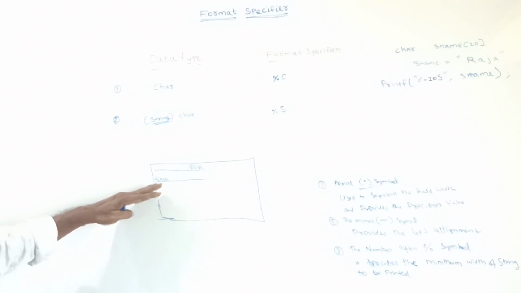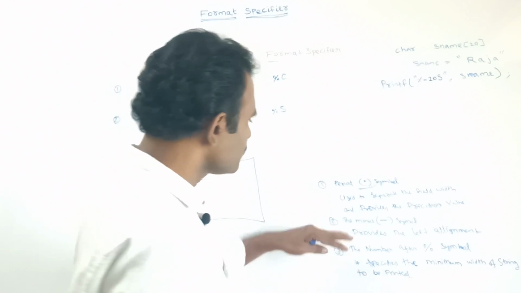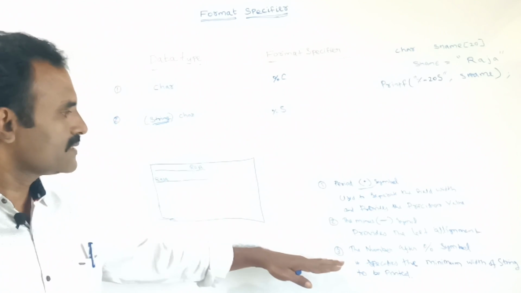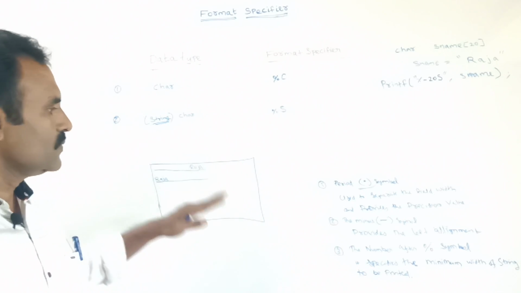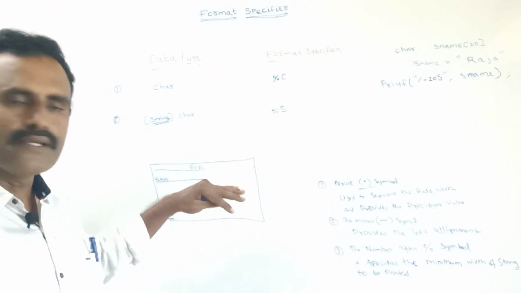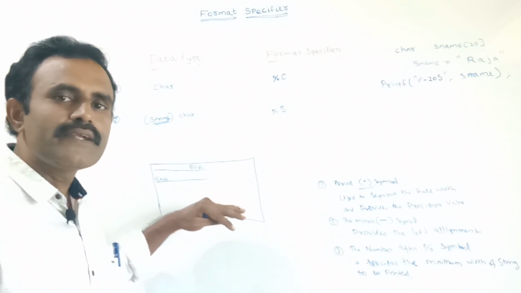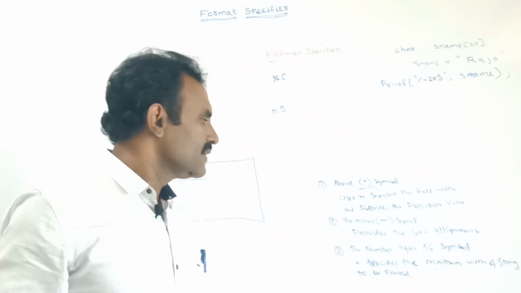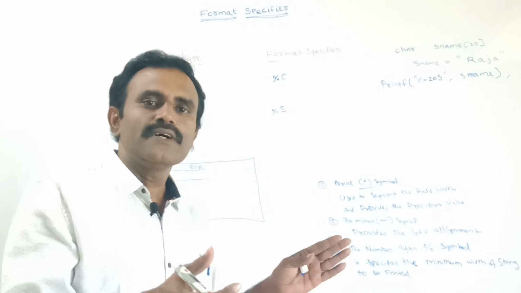This name Raja is printed on the left side. Next, so this number was used to specify the width, and the string will be displayed within that width. The second one, the minus symbol, will be used for left alignment.